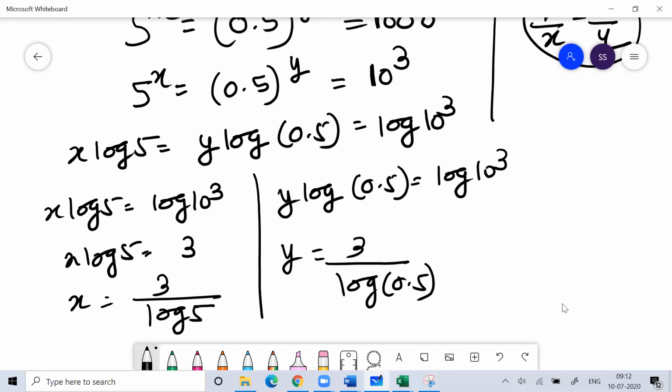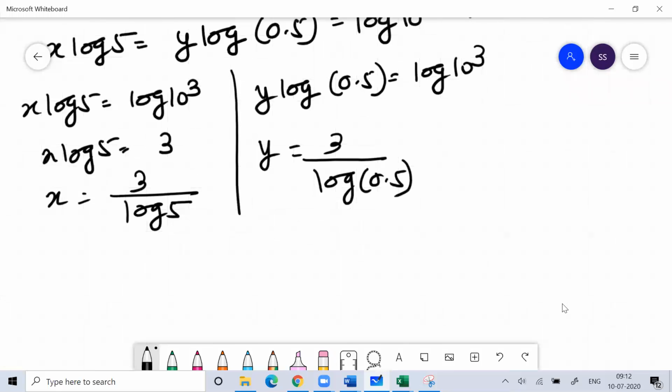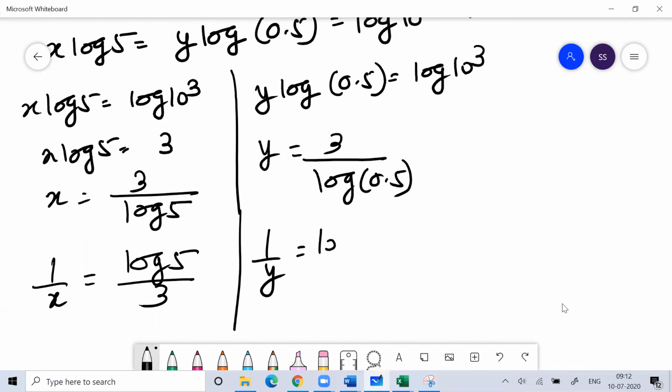But I need 1 by x and 1 by y. So 1 by x is equal to log 5 by 3 and 1 by y is equal to log 0.5 by 3.